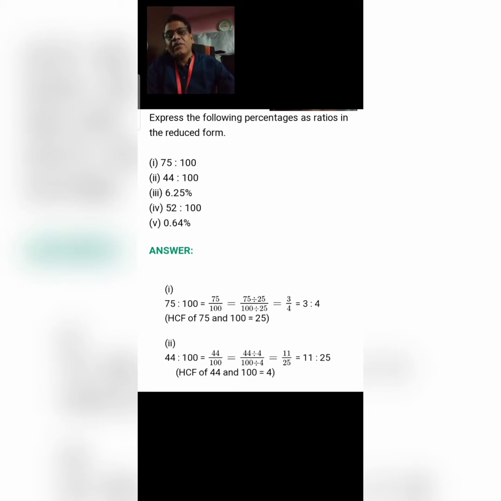Okay, now come to the third question. The third question is 6.25%. Now you have to convert this into its reduced form. So here it is 6.25 by 100. First you have to remove the point.